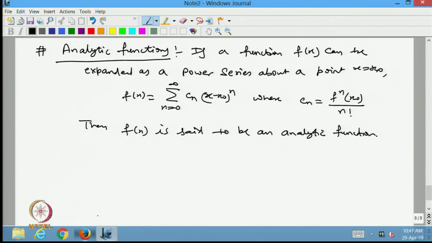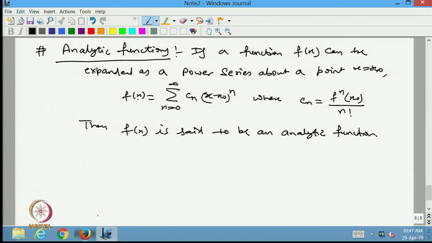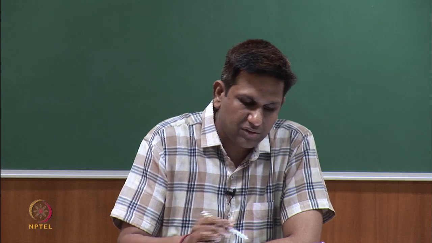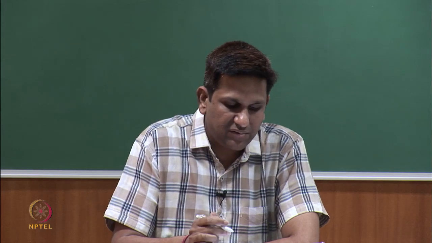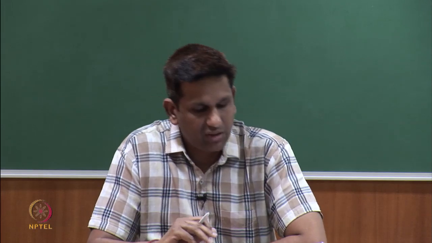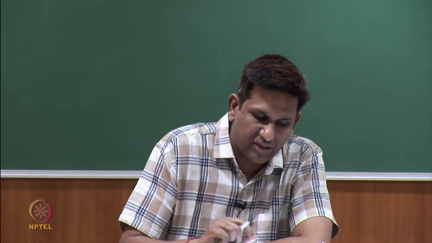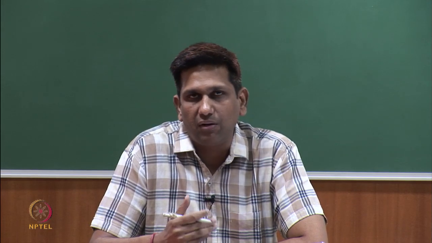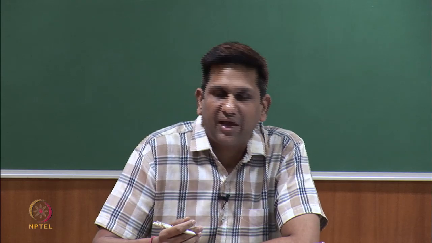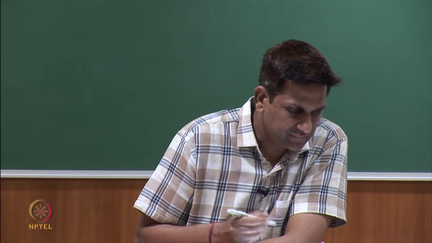It is said to be analytic because in this case this function and all its derivatives exist, because we are able to find the coefficients Cn only with the help of the derivatives. As we have seen, I can find C0 by putting x equal to x naught in the equation, then C1 by taking the derivative, C2 the next derivative. So, in this case my function f(x) is said to be analytic. In another form I can say that it is an analytic function if all its derivatives exist at the point x equal to x naught. So, this is the definition of the analytic function.